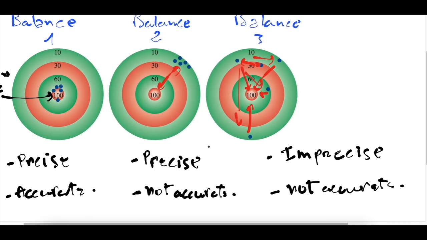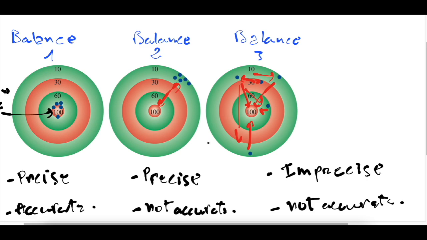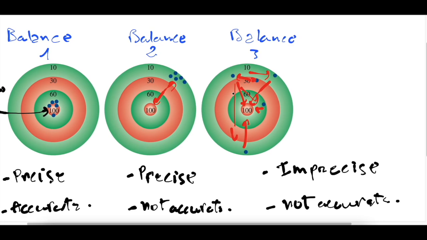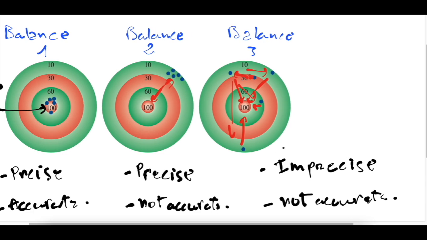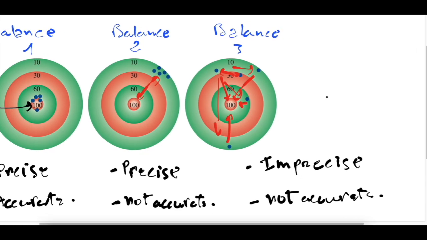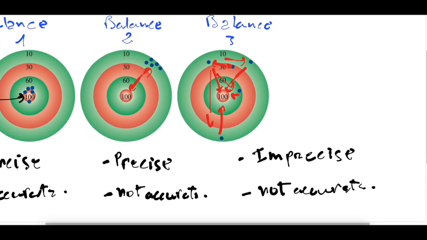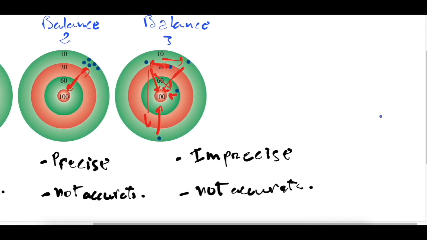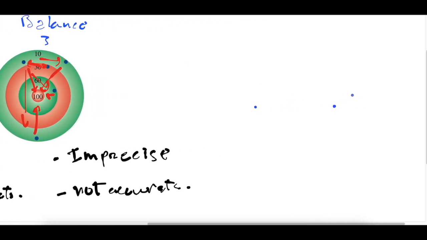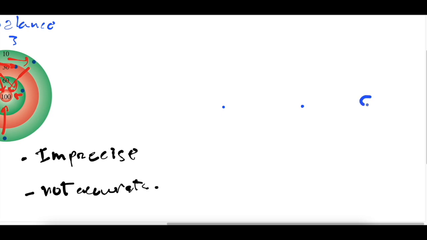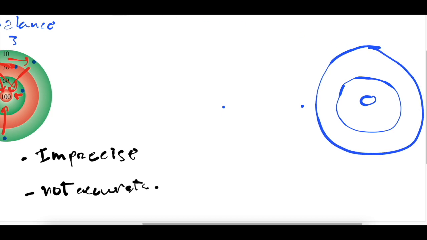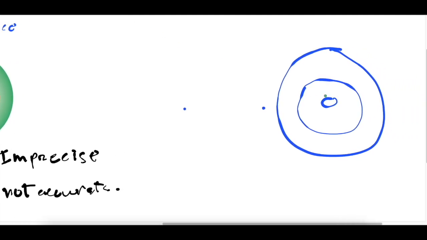We can also add another type of evaluation. For example, we could have had an accurate result but imprecise. If we draw the archery target here, the center is the true value.